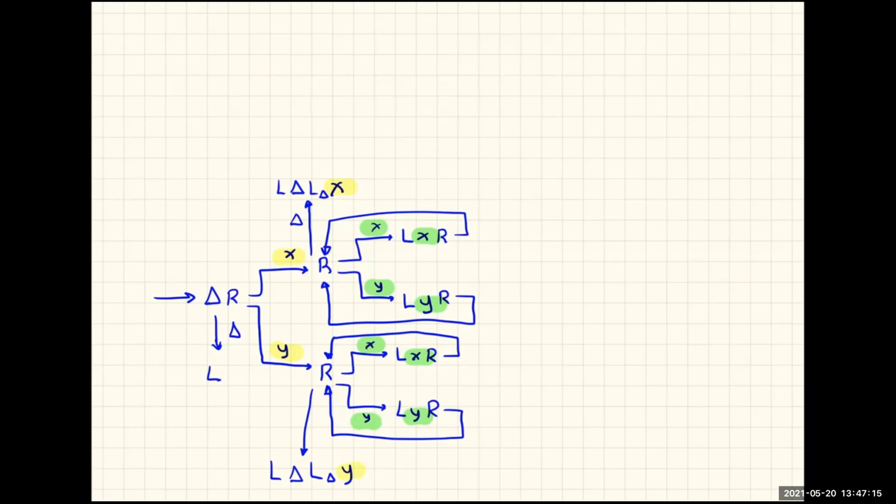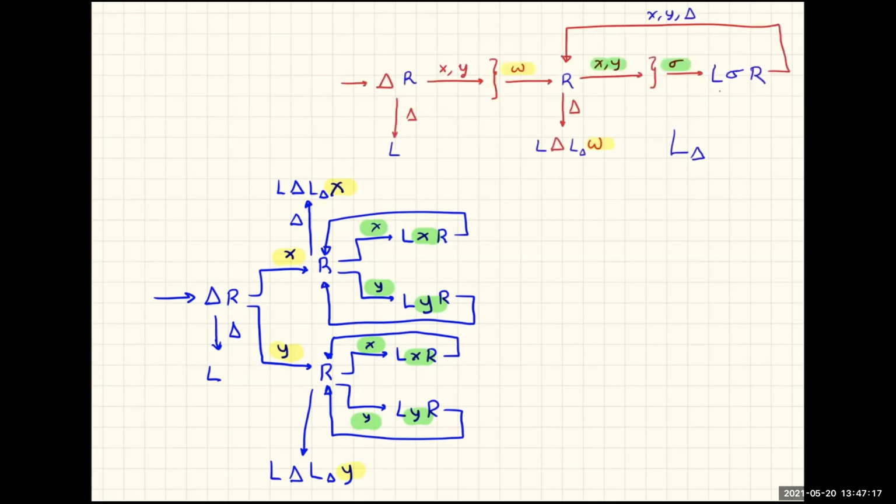So what I want to show you is that these two diagrams are completely equivalent. In this case, we used some kind of variable to abbreviate this diagram. It says, if you find an x or a y, then it will be later referenced as an omega. This omega is this omega.